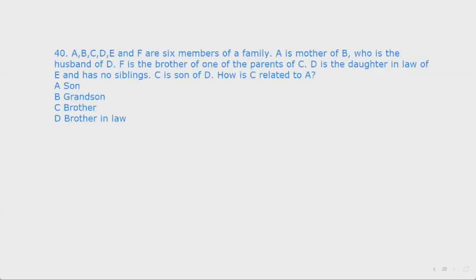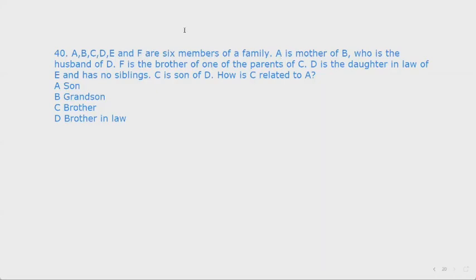To the next question. So again, this is a family relation question wherein A, B, C, D, E, and F are 6 members in a family.